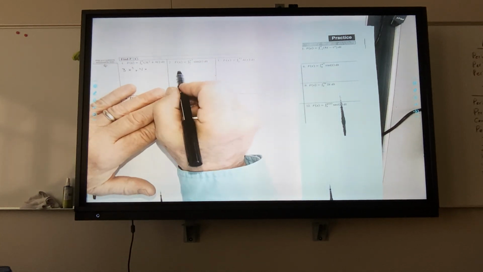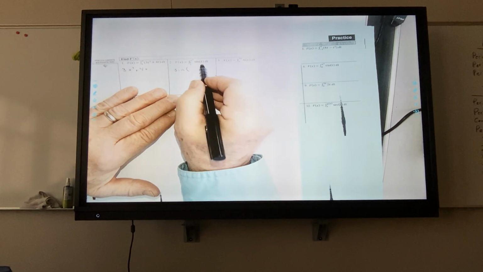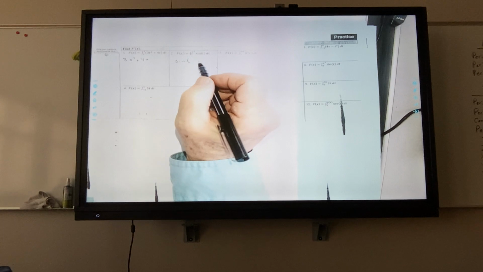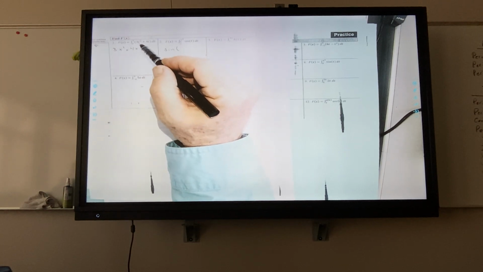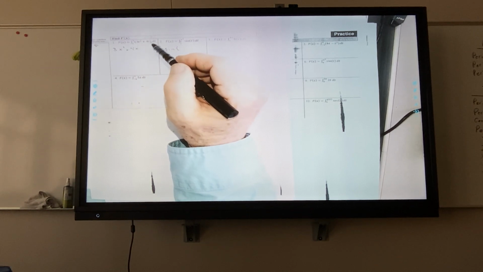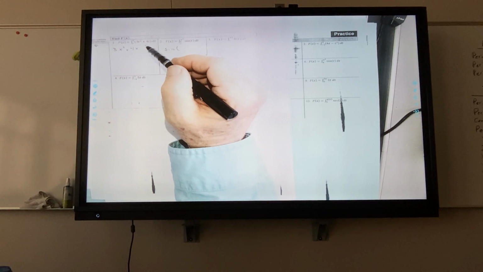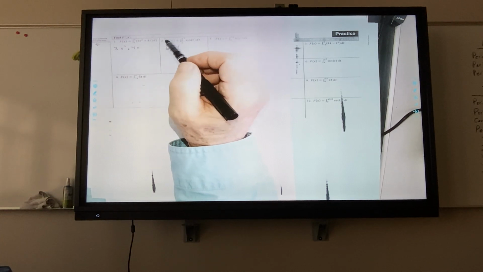Watch what happens here. I'm confused because it's hard to see. You tell me what you did for number 1 again? Wherever I see a t here, this is f of t. All I do to take the derivative of this is replace t with x. But if there's more to this function than x, I have to multiply by the derivative of that.